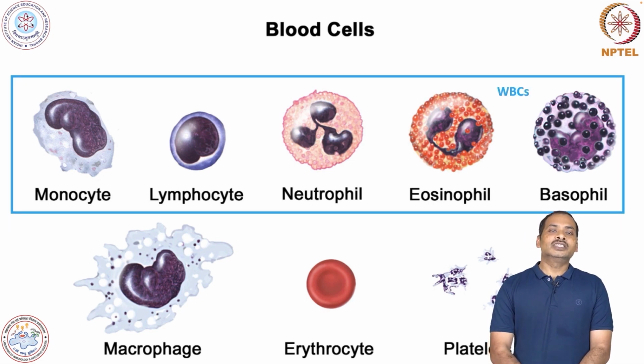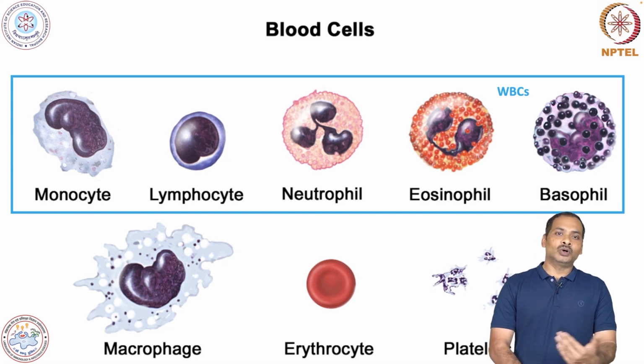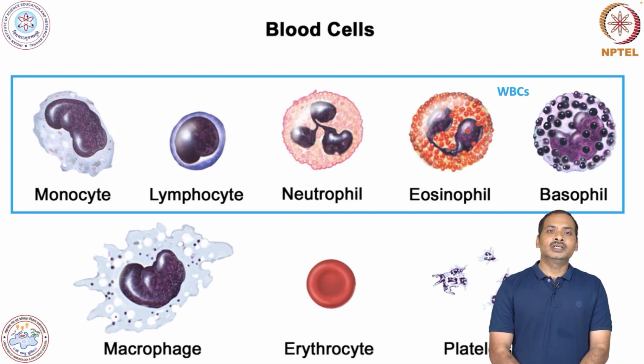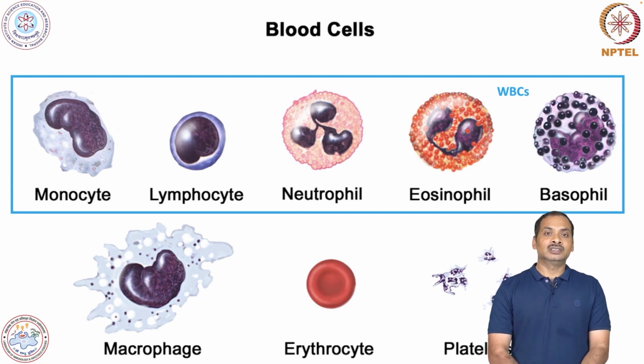Okay. So these white blood cells play a very important role in defense, and we will take up all these cells one by one and discuss in great detail how they look, what they contain, and how they play an important role in defense.